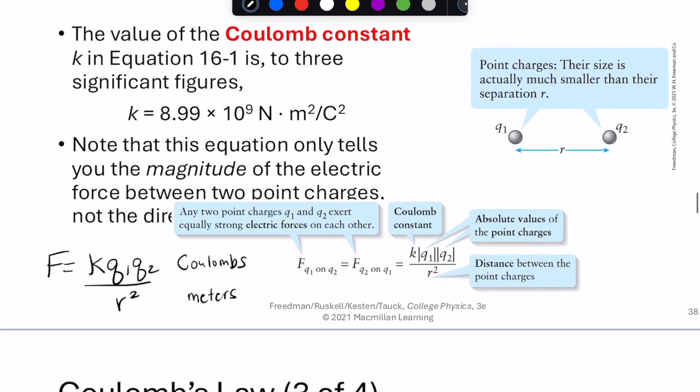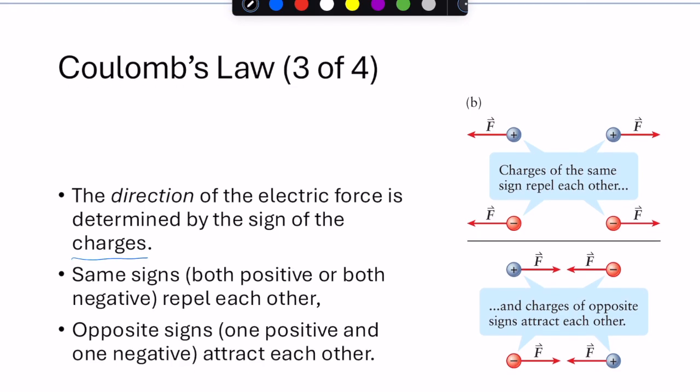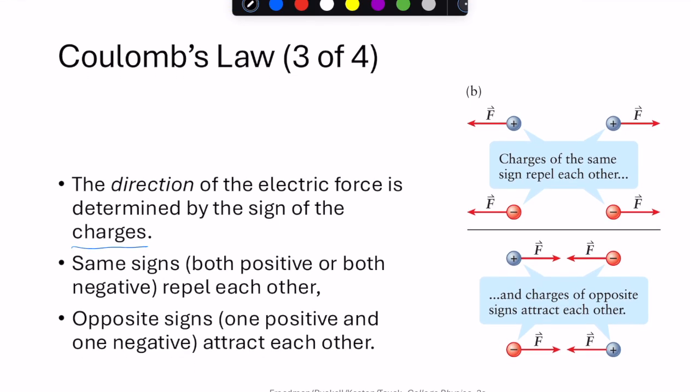Because this is giving us the magnitude of the force. And so, how do we account for the negativeness? If one of the charges is negative and one's positive, that's going to change the direction of the force. So instead of including the negative sign in the magnitude, we're going to let the negative sign tell us the direction of the force. And the direction of the force that one charge feels due to the other is given by a simple rule.